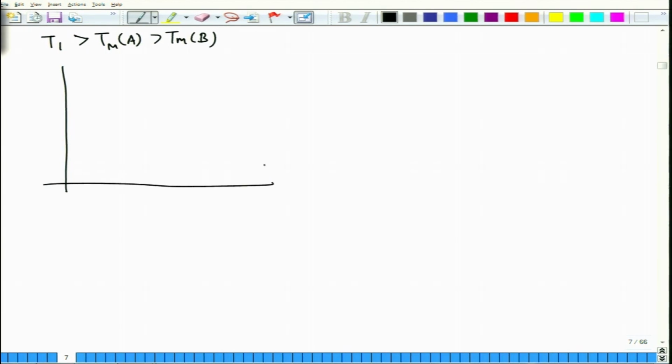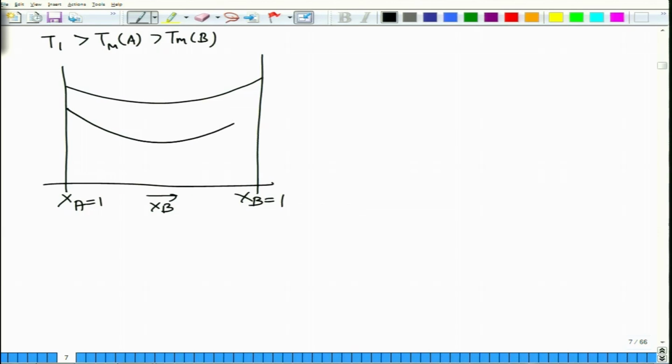The first scenario is like this, T1. So you have XA, XB, and let us say the scenario is something like this. You have GS and you have GL, this is G. Then you come to a different temperature.